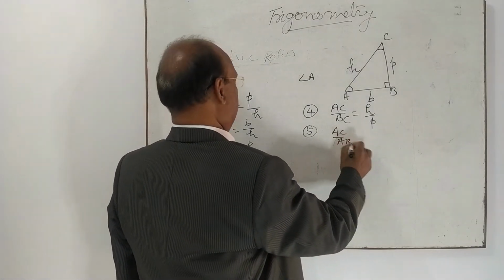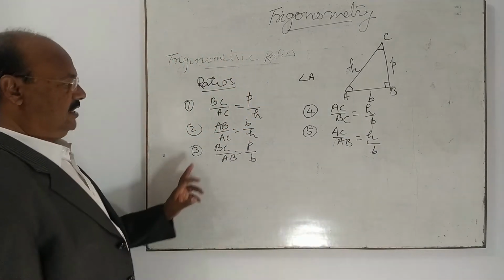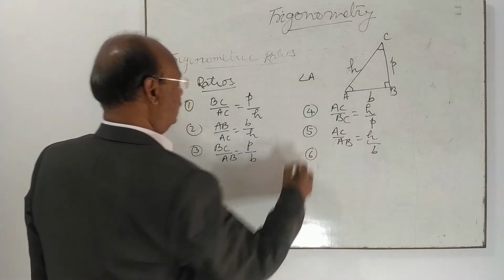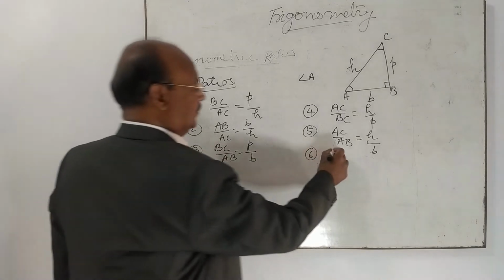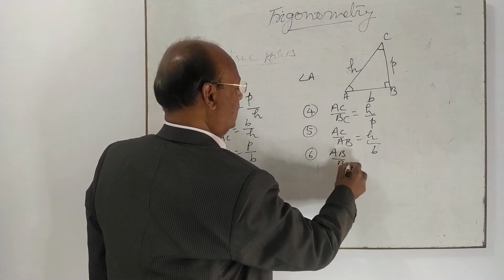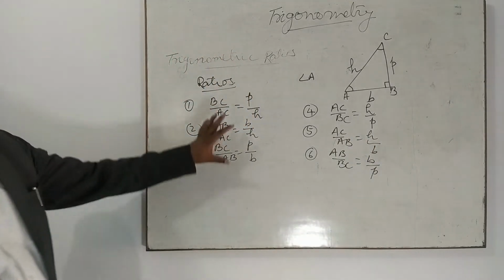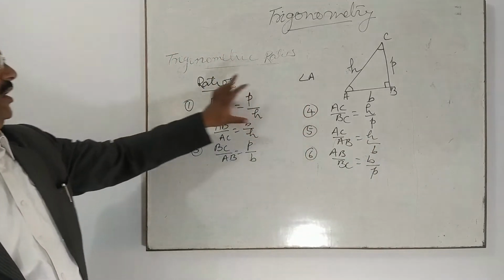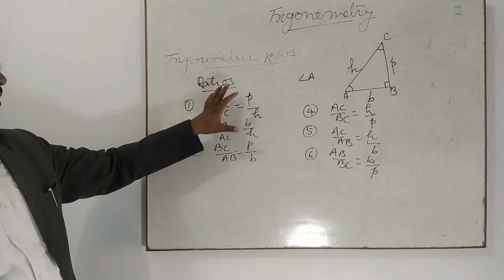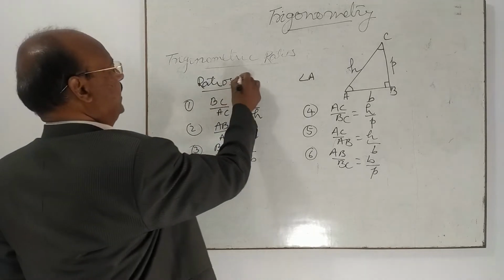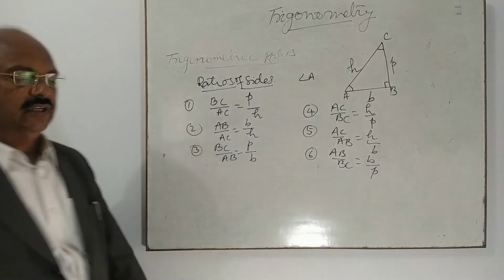AC by AB, that is H by B. And the last ratio, sixth one, BC by AB, its reciprocal will be AB by BC. AB by BC, and this is B by P. So only these 6 possibilities of ratios of sides are possible. I think this is very clear.